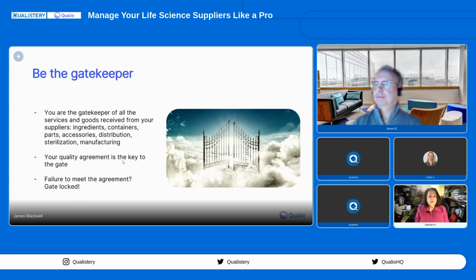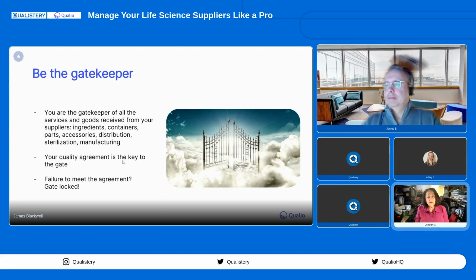So a little analogy here. You're the gatekeeper for your suppliers and your vendors. This is services also, not just suppliers. Testing services, for instance. Your quality agreement is pretty much the design of the gate. And I have here that the failure to meet the agreement, the gate's locked.